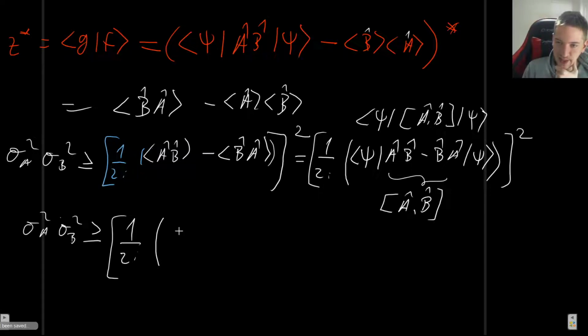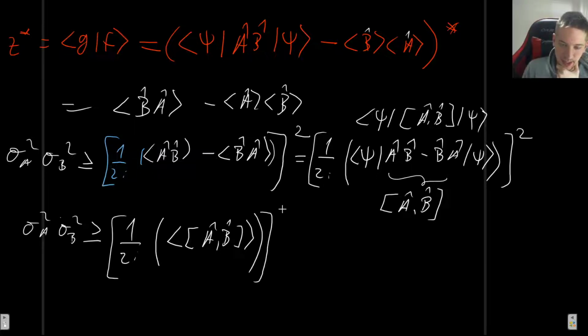So what do we have inside? We have the expectation value of the commutator of A and B, and all of this is squared.